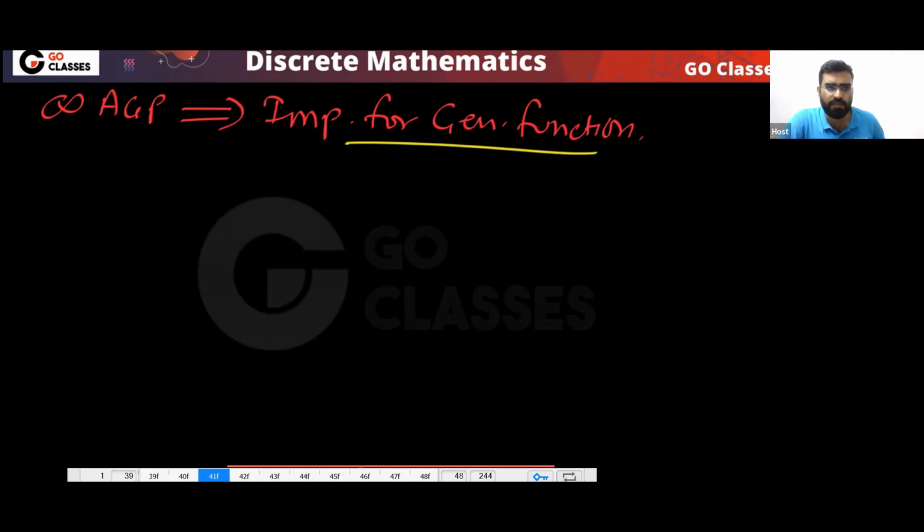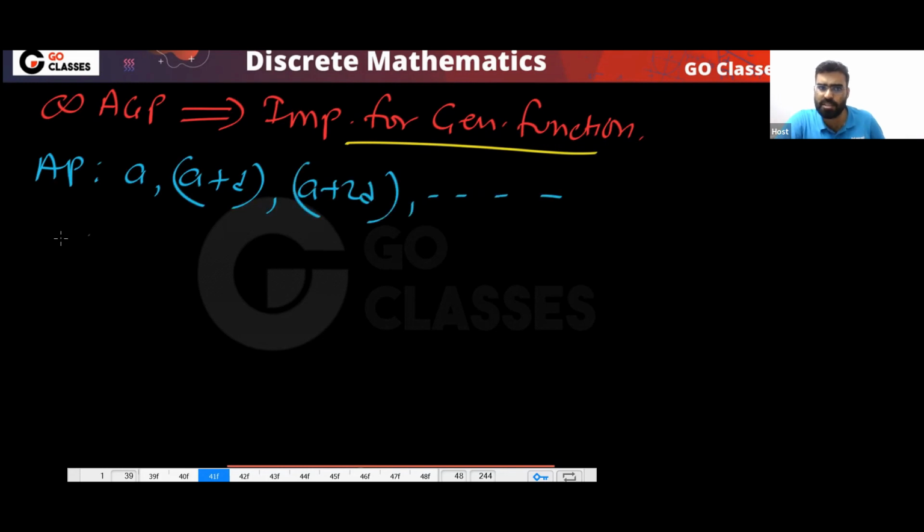For example, if you want to apply that formula directly, your AP should be like this: A, A plus D, A plus 2D, and so on. Your GP should be like this, starting from 1, R, R square.